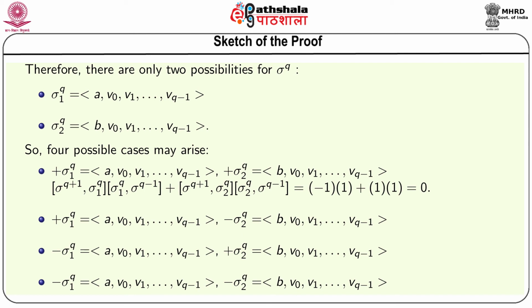Similarly, in the last case, when both the simplexes sigma q1 and sigma q2 are negatively oriented, the value will be 0. We shall see subsequently that this result on incidence numbers plays a very important role.